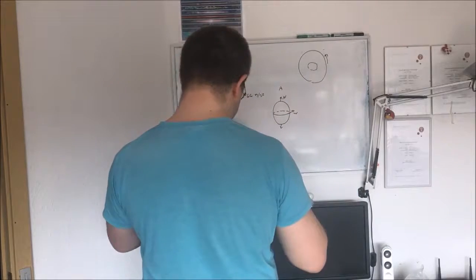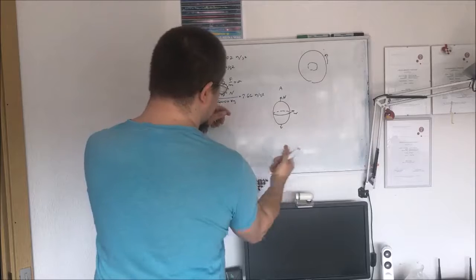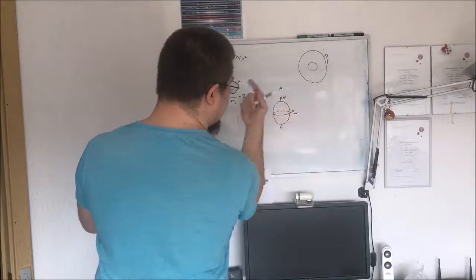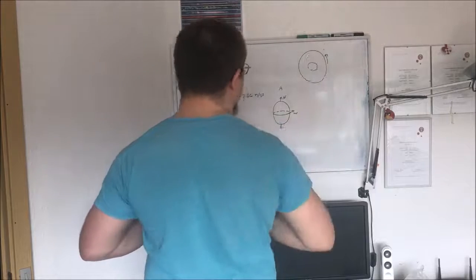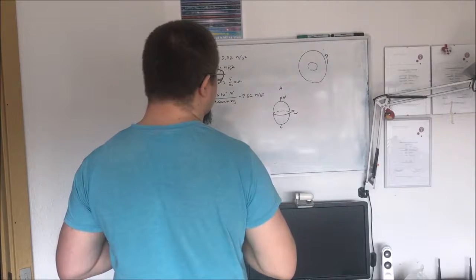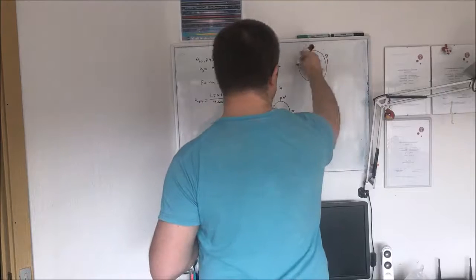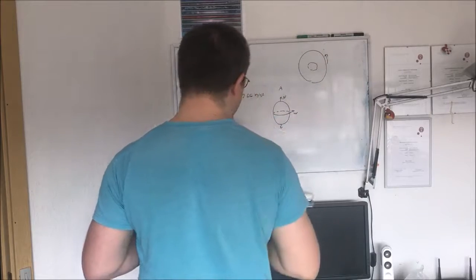Can you imagine that? If I take the Earth rotating like this and then I turn it, then I would get a rotation like this, looking downwards towards the North Pole. So in this case we have an anti-clockwise rotation.